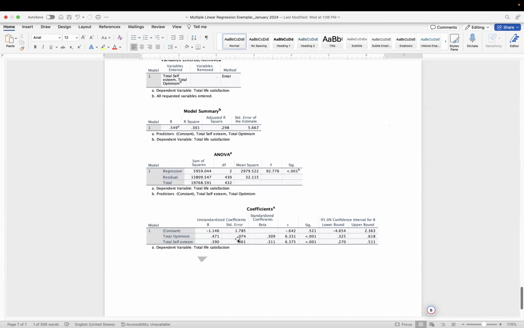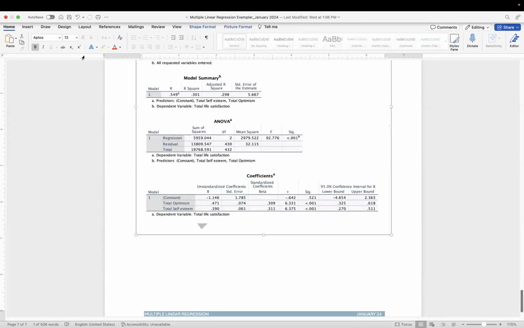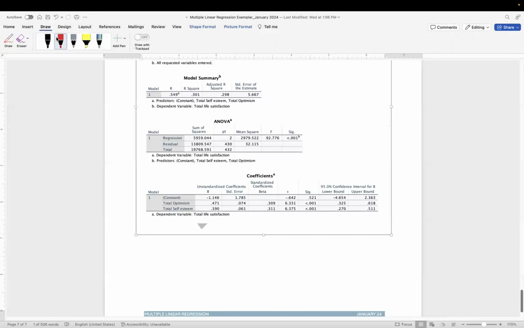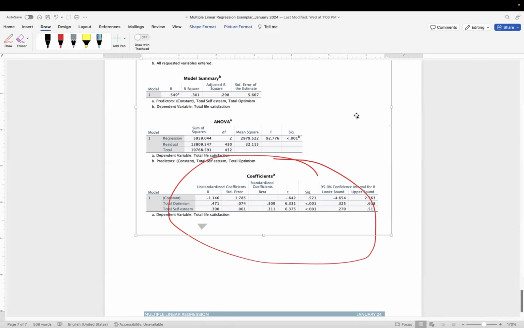So now, I want you to look in these coefficients down here in the bottom, okay? Now tell me, if my optimism score went up by 1 point, what would happen to my life satisfaction? Bingo, it would increase by 0.471.